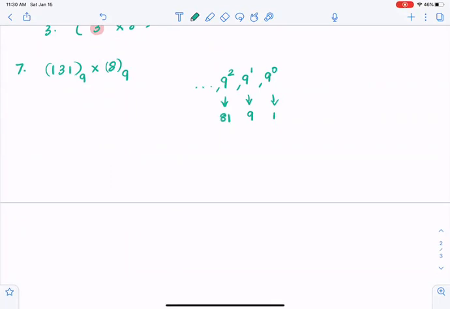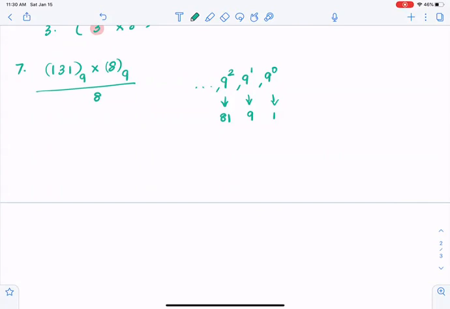So we can only go up to 2 digits when we get to the second step in multiplication. First one is fine, 8 times 1 is 8. Not a big deal. 8 times 3 is 24.